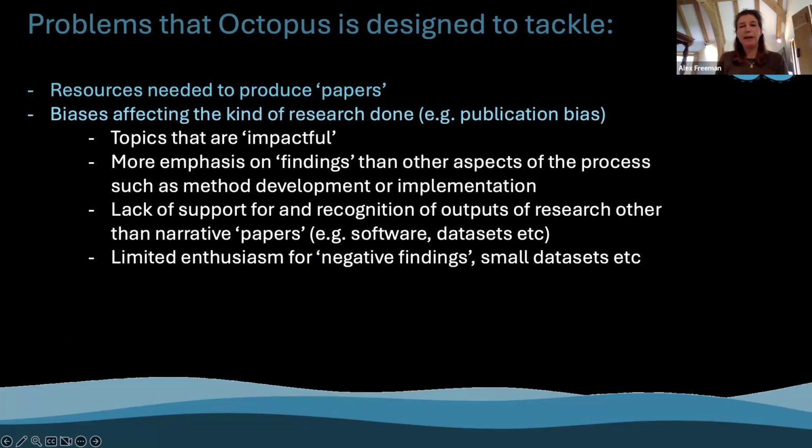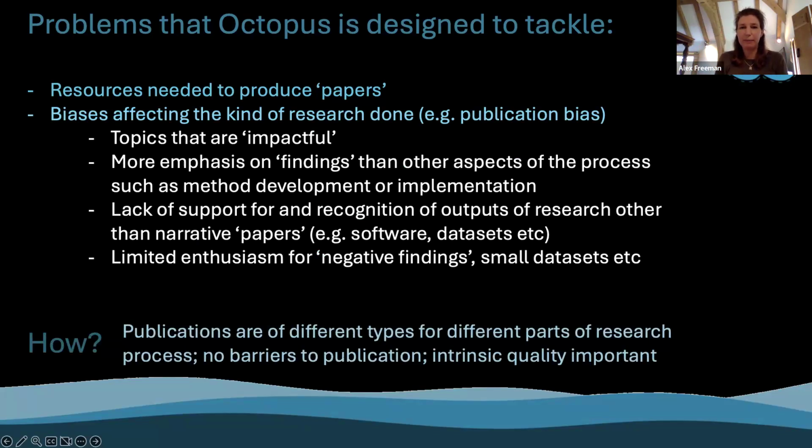Secondly, we know there's this big problem with publication bias. And we also know that what gets researched is biased towards what people think is publishable. Since journal publications have become the be-all and end-all of academic life, they're really biasing what people work on, and we all know about the problems that causes.